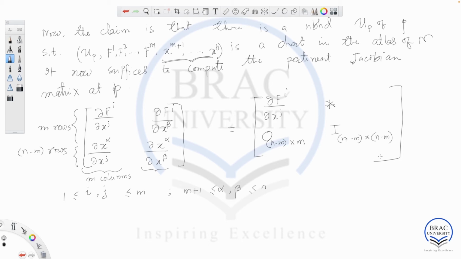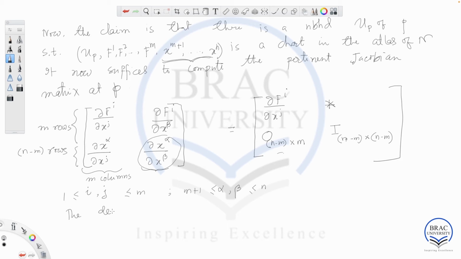So only the diagonal entries in this block are going to be 1, and elsewhere they are going to be 0. And this is a 0 matrix of this size. Okay, good.